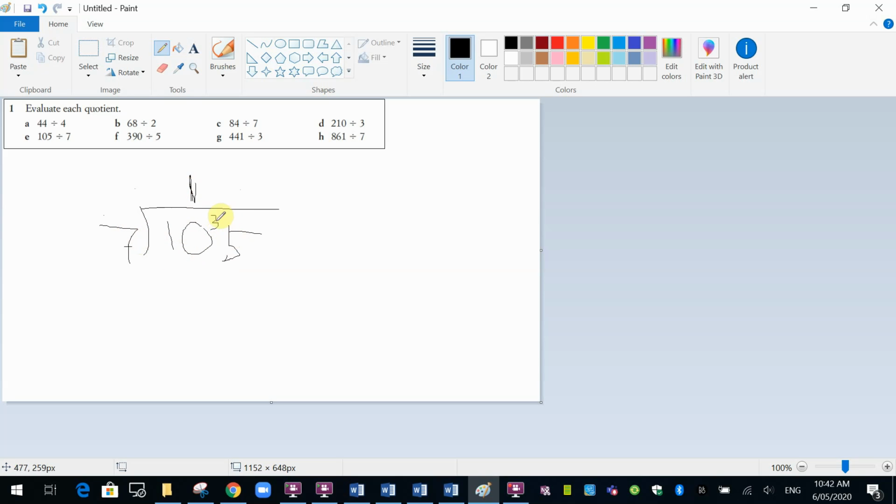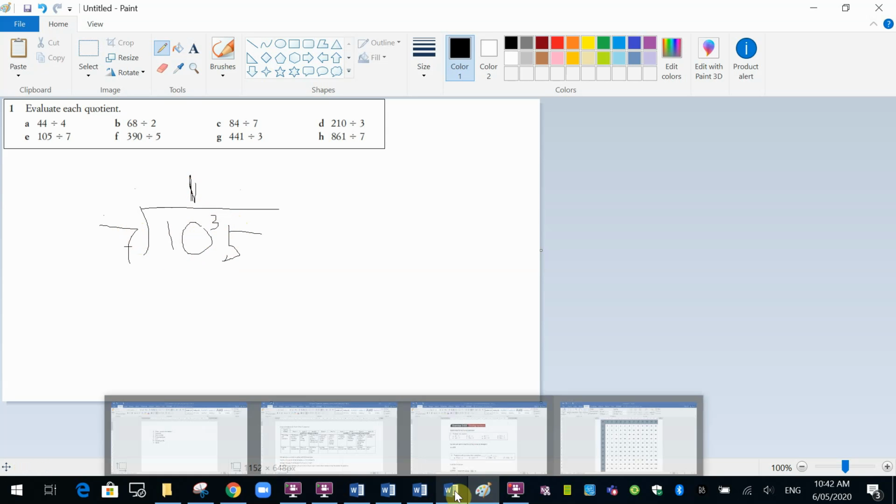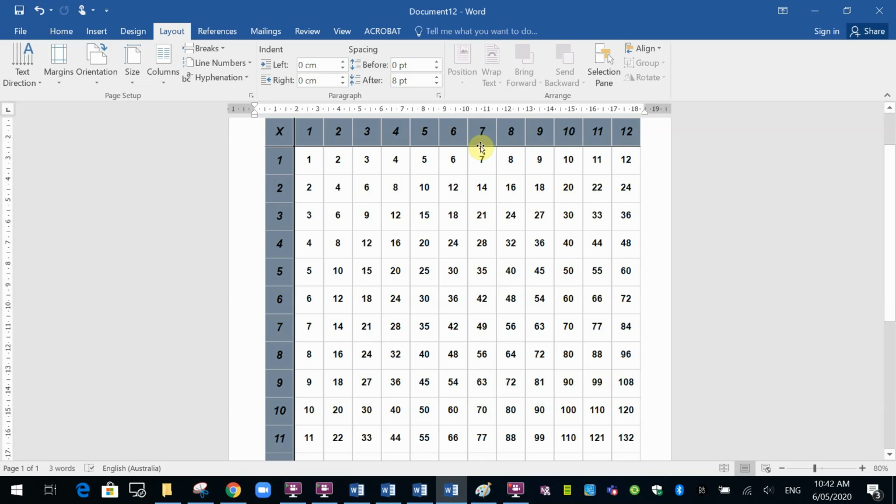And now we have a look at 35, both of those numbers, 35 divided by 7. So let's have a look at our times table again. 7 times table again, going down till we get to 35. 35 divided by 7 is 5.